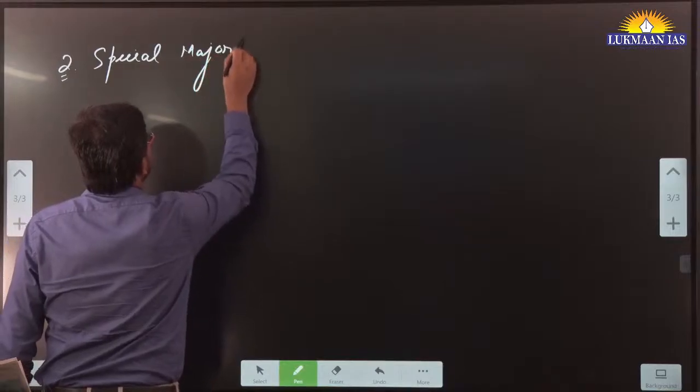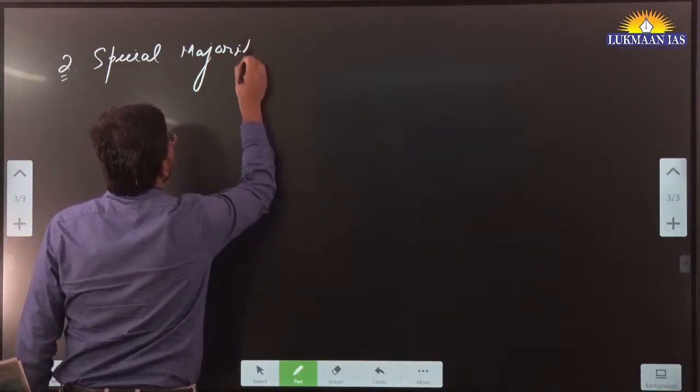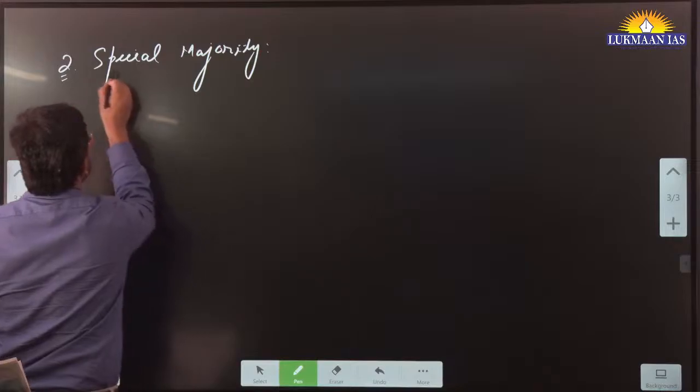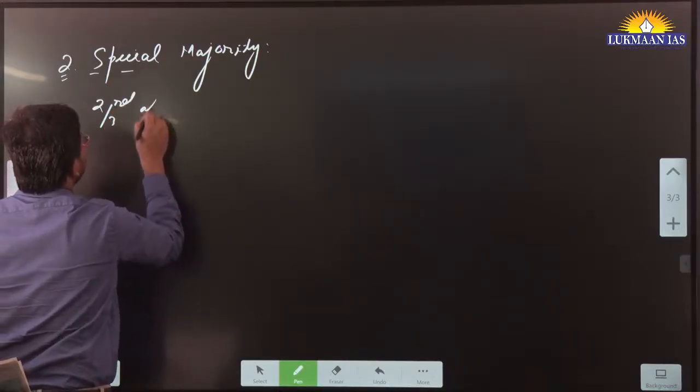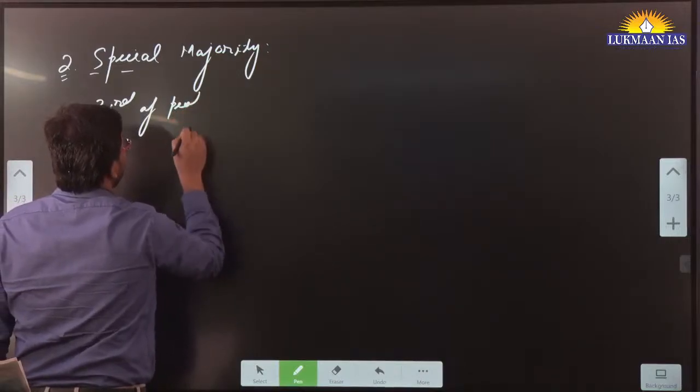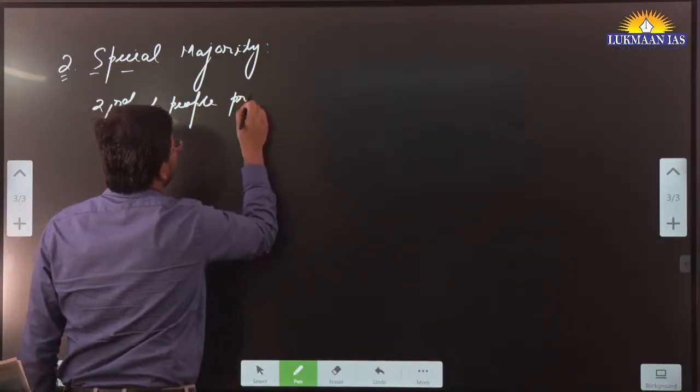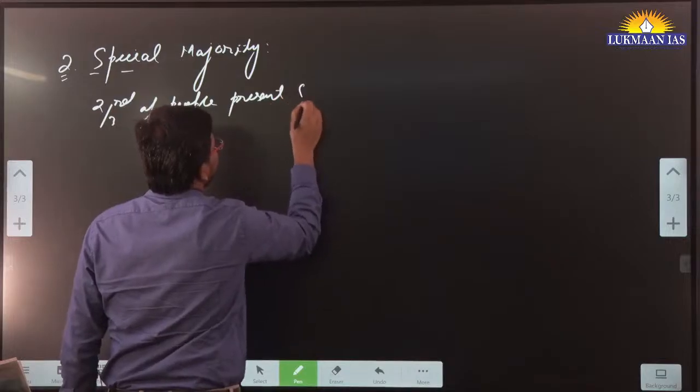So what do we mean by special majority? Special majority means 2/3 of the people present and voting.